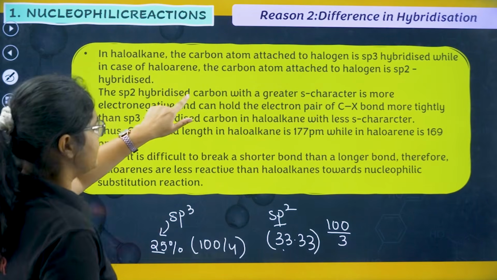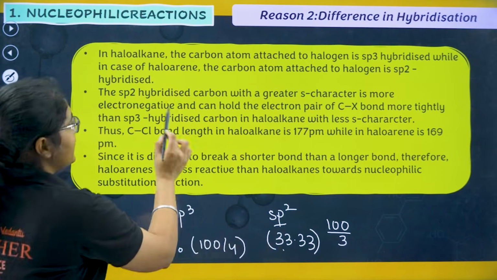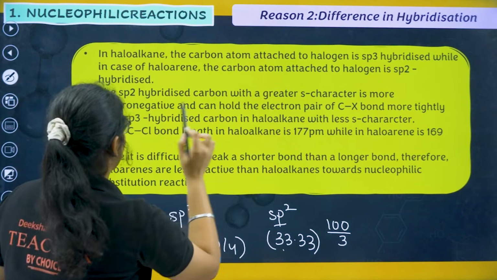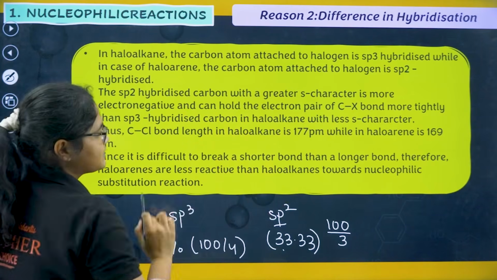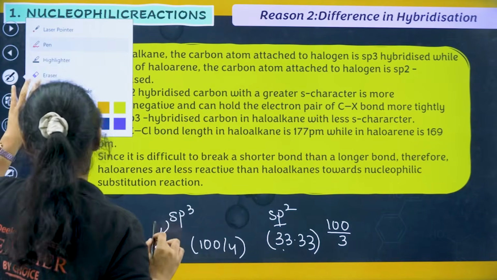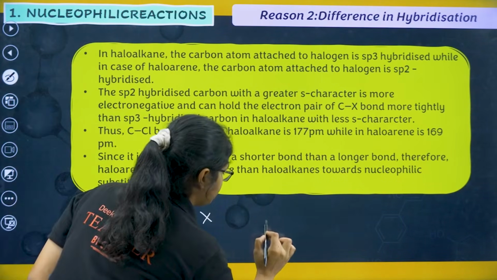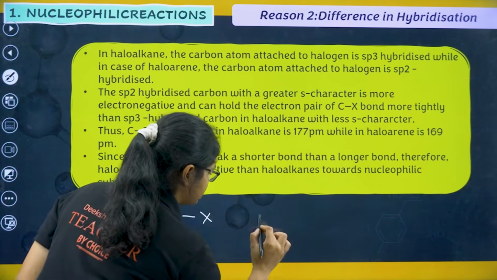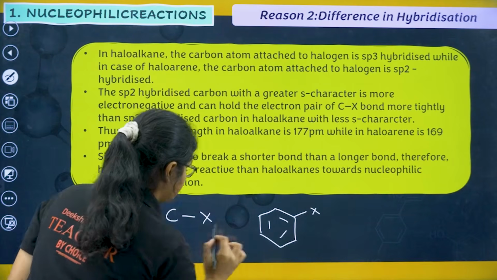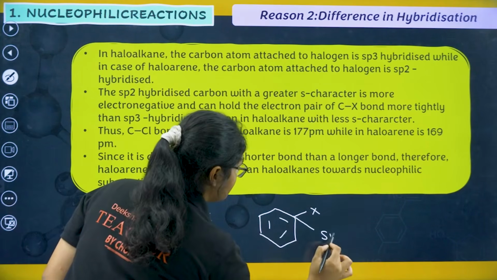The sp2 hybridized carbon with greater s character is more electronegative and can hold the electron pair of C-X more tightly than the sp3 hybridized carbon in haloalkane with less s character. So see, this is the C-X in haloalkane and this is the C-X in haloarene. This is the sp3 carbon and this is the sp2 carbon.